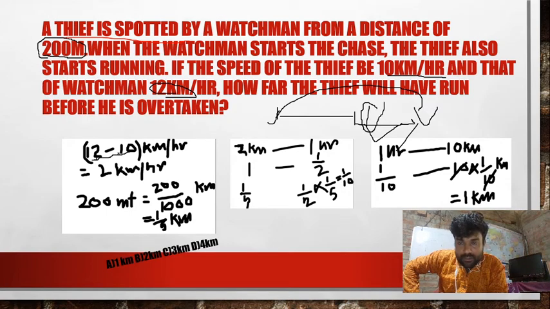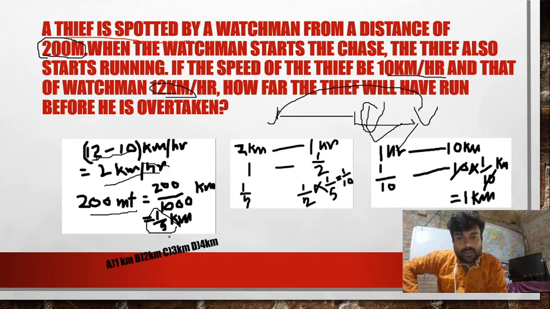So the speed to cover that gap is 12 kilometers minus 10 kilometers, which is 2 kilometers per hour. This is the speed for covering the in-between gap, and the gap is 200 meters, so we convert to the kilometer per hour unit. 200 meters equals 1 by 5 kilometer.